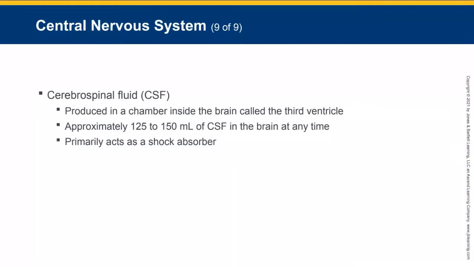Cerebrospinal fluid. Now, cerebrospinal fluid is produced in a chamber inside the brain called the third ventricle. There is approximately 125 to 150 mL of CSF in the brain at any time.